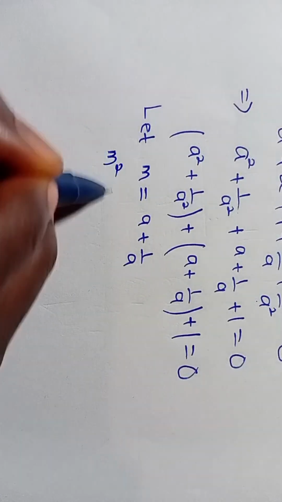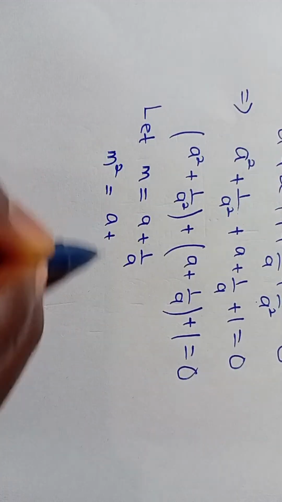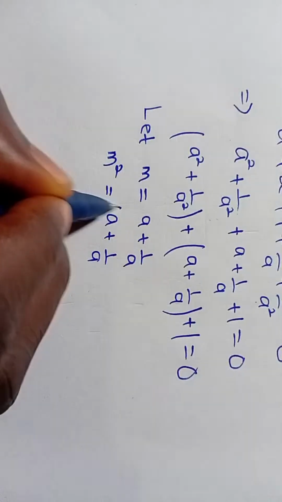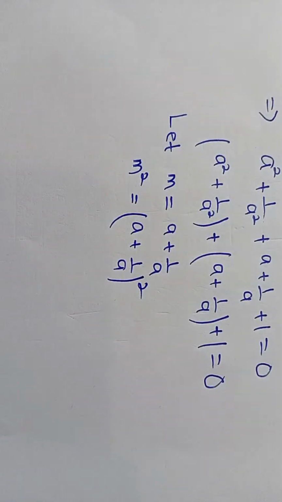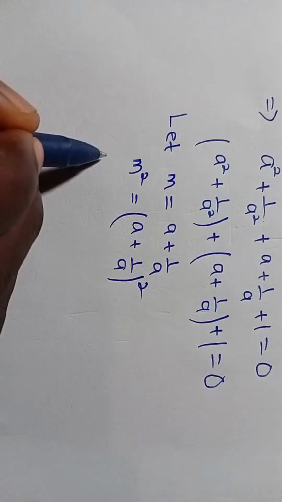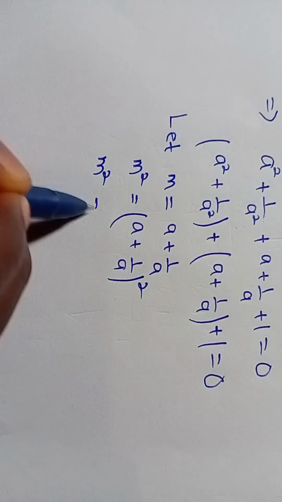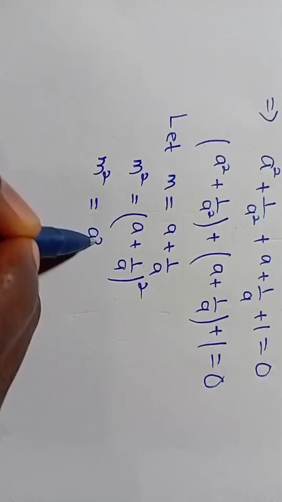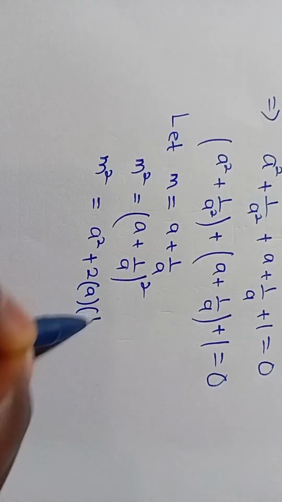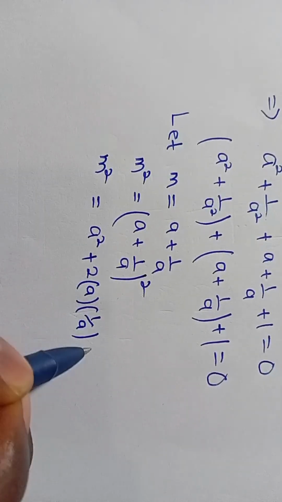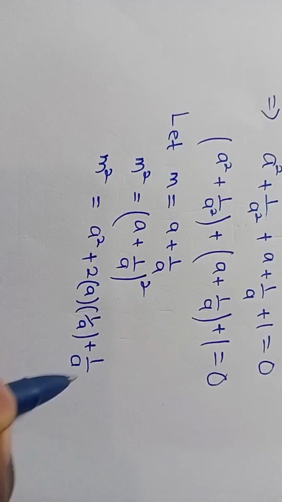Here will be M squared, A plus 1 over A, squared. So we have M squared equals, this will be A squared, 2 times A times 1 over A, plus 1 over A squared.